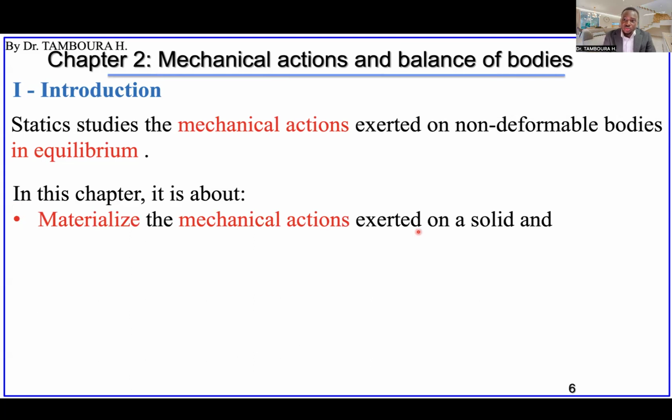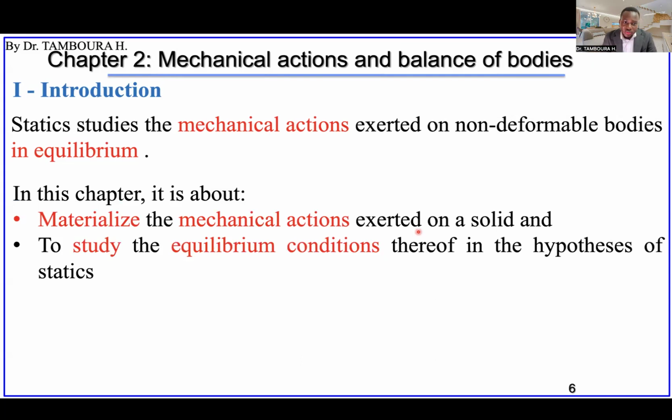How to make the symbol of this, how to model these mechanical actions. And secondly, we will try to study the equilibrium condition of these mechanical actions on the bodies, considering the hypothesis of statics we introduced last time.